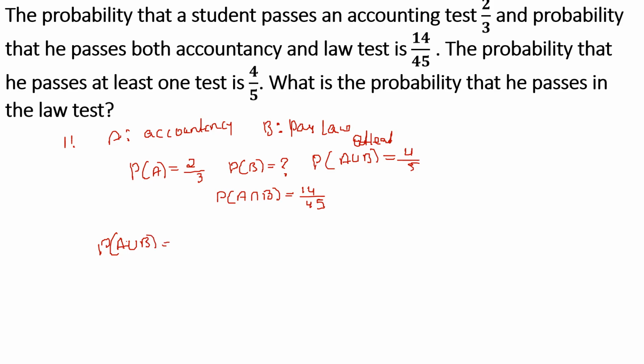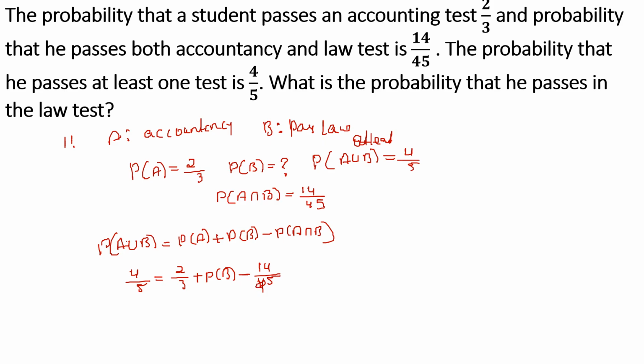A union B is equal to probability of A plus probability of B minus probability of A intersection B. If we substitute, A union B is 4 by 5, equal to probability of A, which is 2 by 3, plus probability of B, which is not given, minus the intersection, 14 by 45. In order to simplify, we make the denominator common, that is 45.